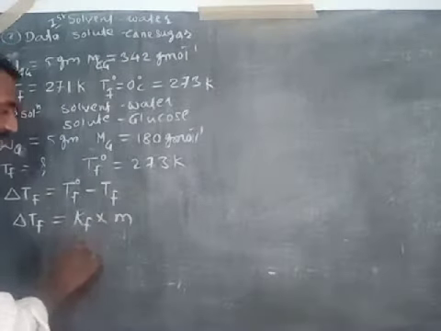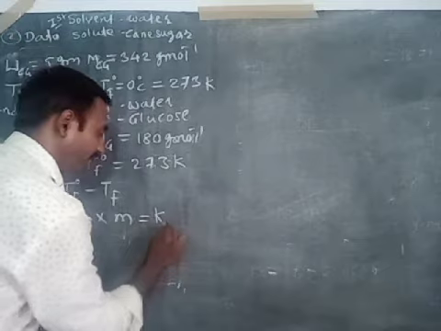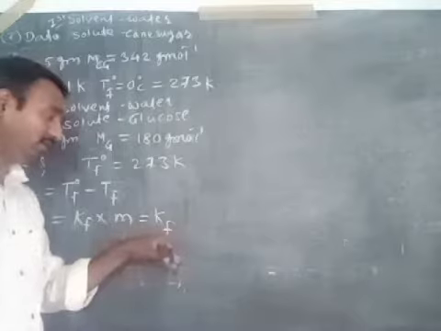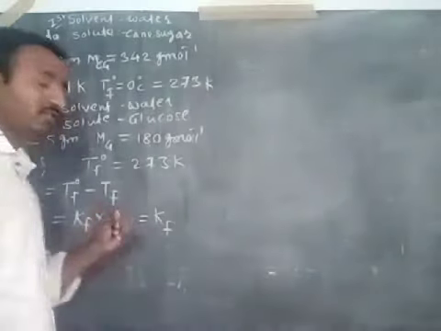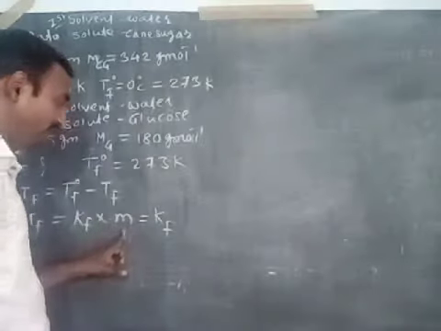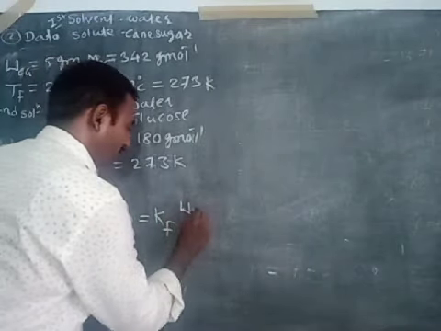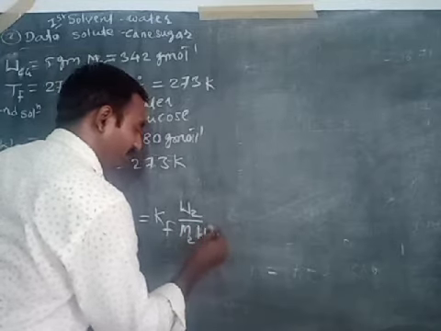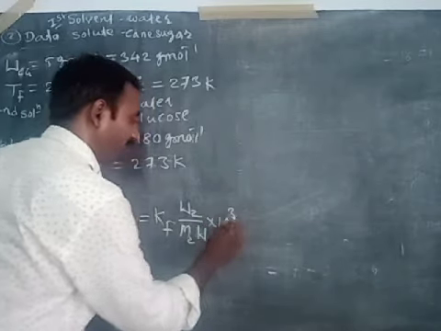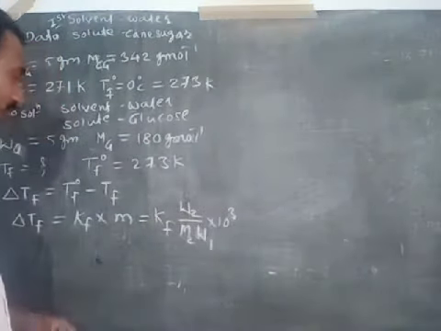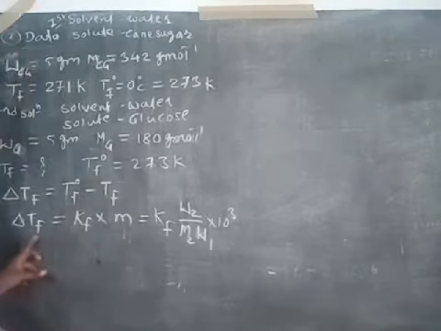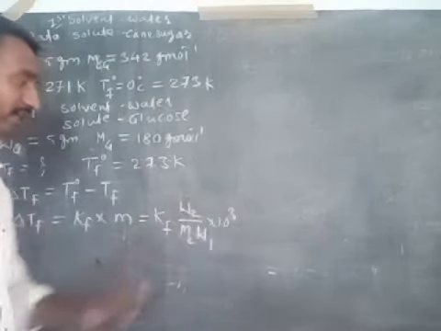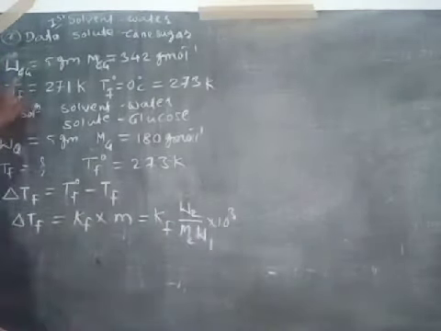KF is called the molal depression constant, and m is called the molality. For molality we can use the formula W2 upon M2 into W1 in kilogram, and to represent that kilogram we put 10 raised to 3. That's why the formula of delta TF becomes KF into W2 upon M2 into W1 into 10 raised to 3.